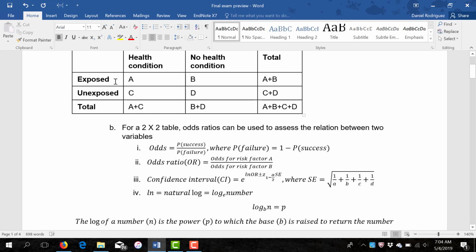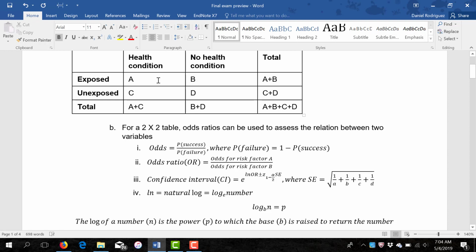In terms of probability, success is whatever we're interested in finding. So the health condition, say lung cancer, would be our interest here because we're studying the effects of smoking on lung cancer. So success would be having lung cancer, and failure would be not having lung cancer.